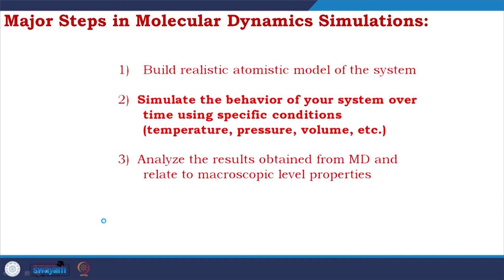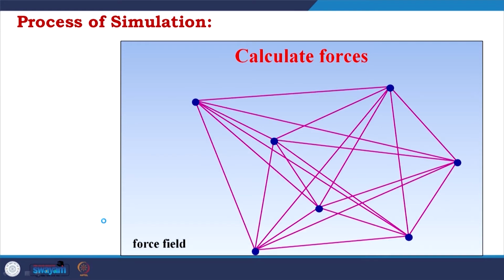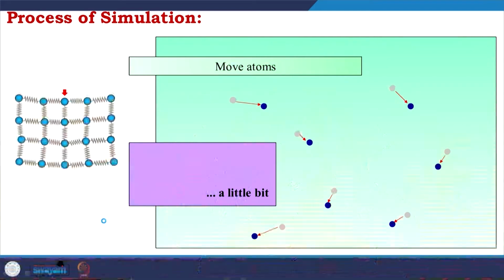The second step is to simulate the behavior. So, in the process of simulation, you have to calculate the forces in a force field. You have the model, you keep the model in the force field, and you have to apply force so that the atoms move from one point to another point.